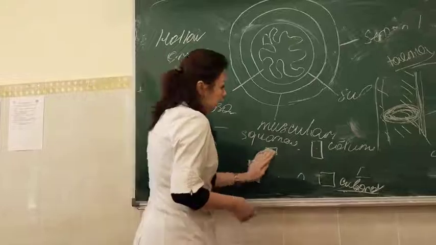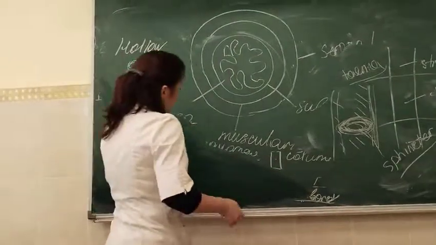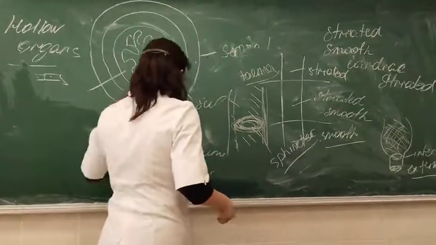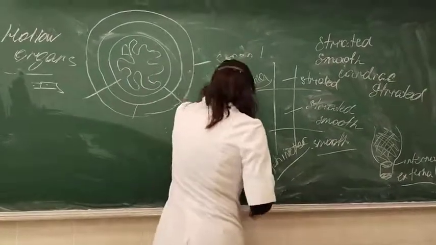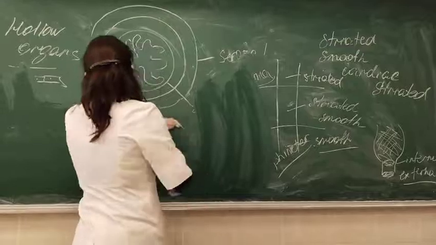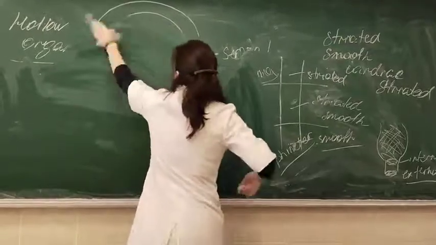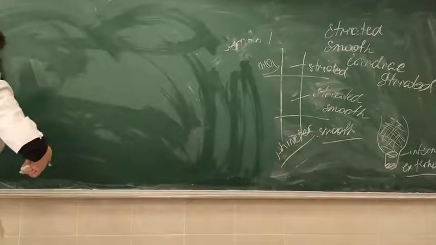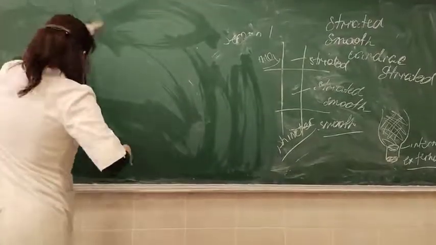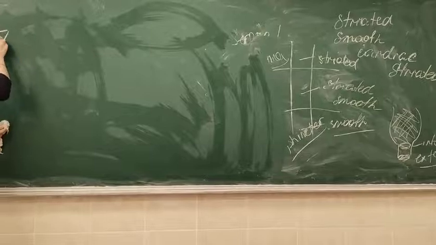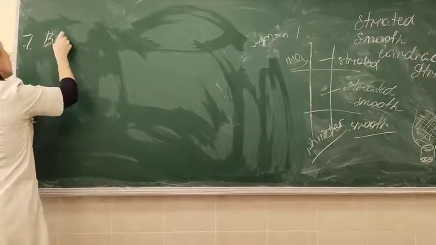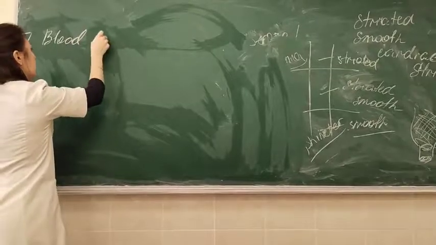But at the final exam, you will also have to describe some other features of the organ. So when we complete cardiovascular and nervous system, there will be a few additional points. So the seventh point is blood supply of the organ.